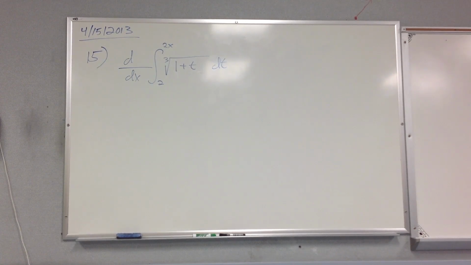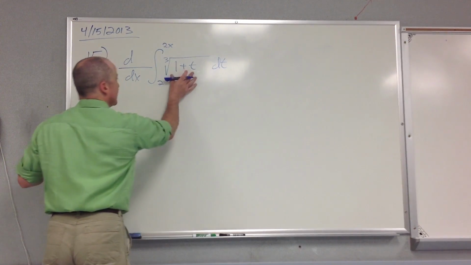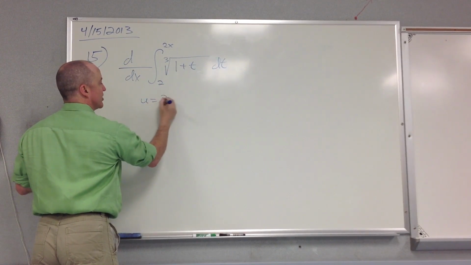it's so close. You can basically plug it in, except there's a... How do you do the u and du? Well, this isn't really a u substitution. Well, u is 2x, right?